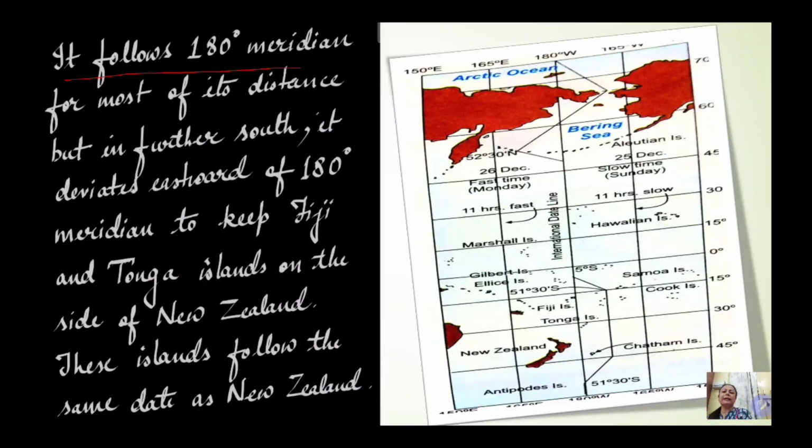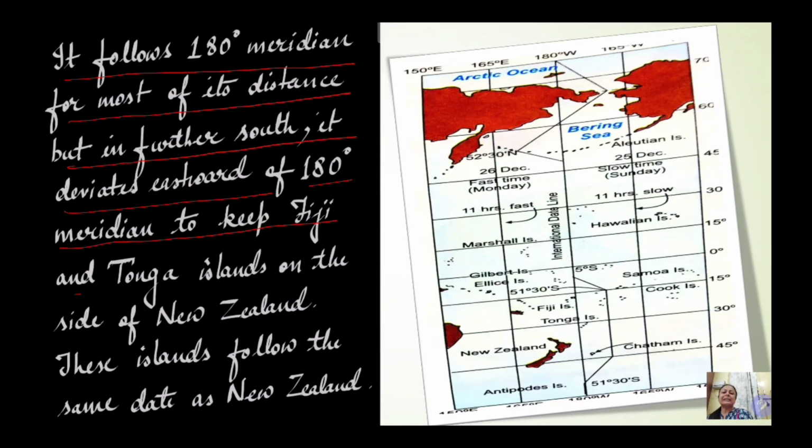It follows the 180 degree meridian for most of its distance, but further south it deviates eastward of the 180 degree meridian to keep Fiji and Tonga Islands on the side of New Zealand. Now students, it is deviating here near the Bering Sea and then again in the Aleutian Islands. Then it travels almost straight over 180 degree longitude.